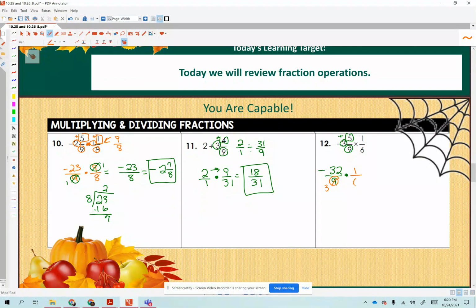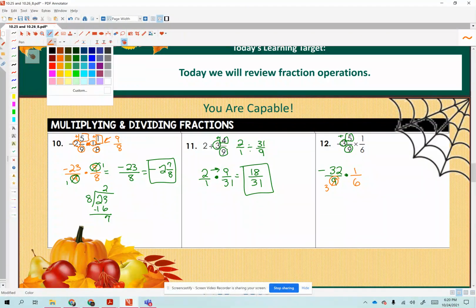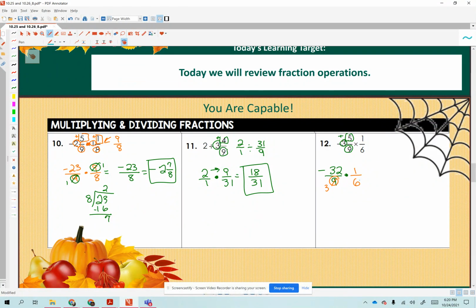This should be a 1 over 6. Okay, we are going to simplify this. Let's get yet a third color. We're going to divide the 32 and the 6 by 2. So the 9 will still be a 9. For a minute there, I thought we were dividing.